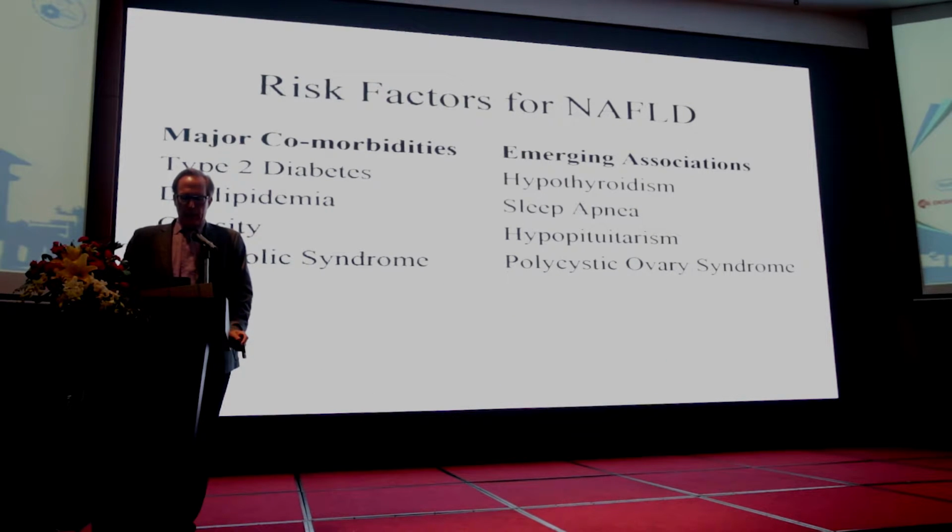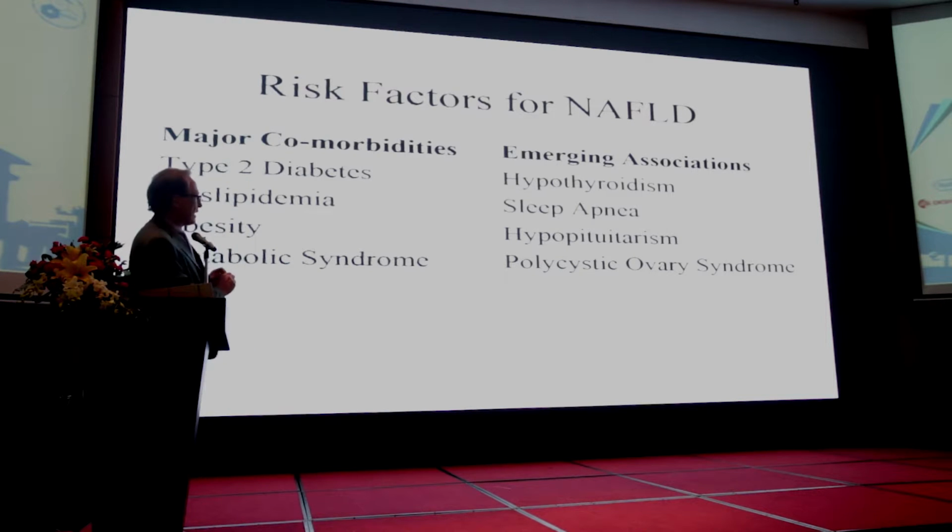You've heard much today about the comorbidities on the left, but I want you to think about the new associations on the right, including thyroid disease. Each liver patient with NASH should have a thyroid panel. You need to assess your patients for sleep disorders.